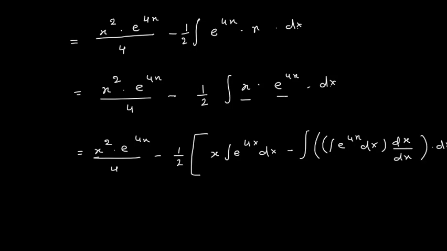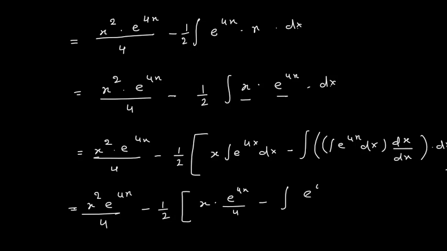that is dx upon dx into dx. So this is equal to x square e power 4x upon 4 minus 1 divided by 2, we have bracket here, it is x into e power 4x upon 4 minus integration of, now e power 4x is e power 4x upon 4 and derivative of x is 1, so e power 4x upon 4 into dx.